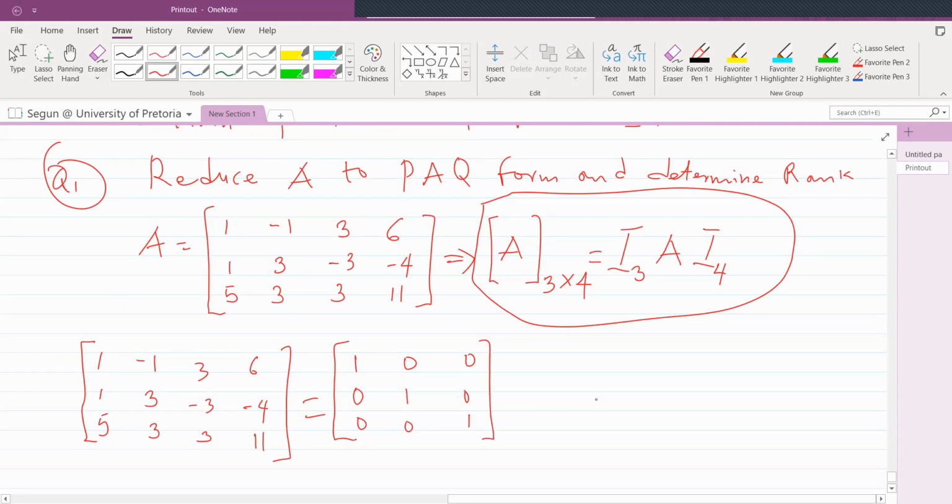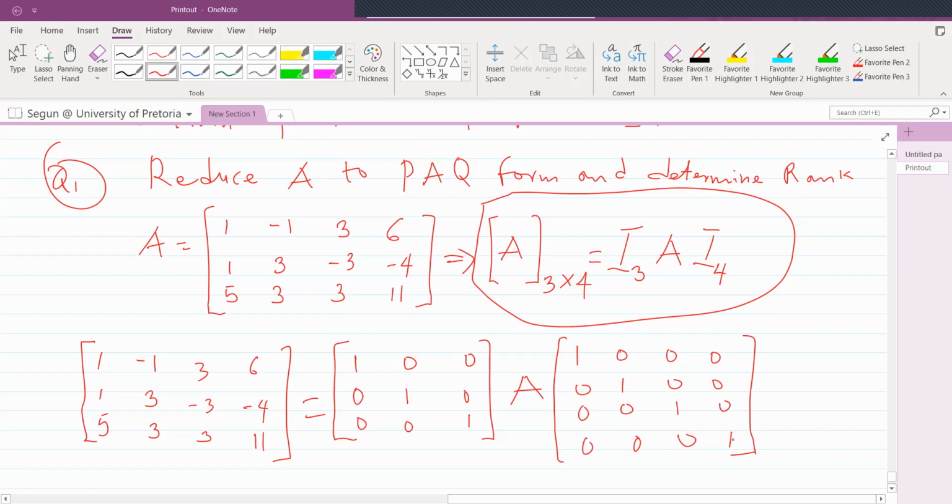So that is the identity matrix for I3, multiplied by A. Then for I4: 1, 0, 0, 0, 0, 1, 0, 0, 0, 0, 1, 0, and the last one, 0, 0, 0, 1.